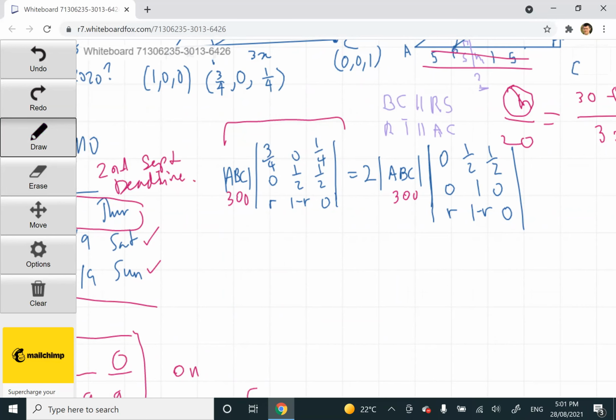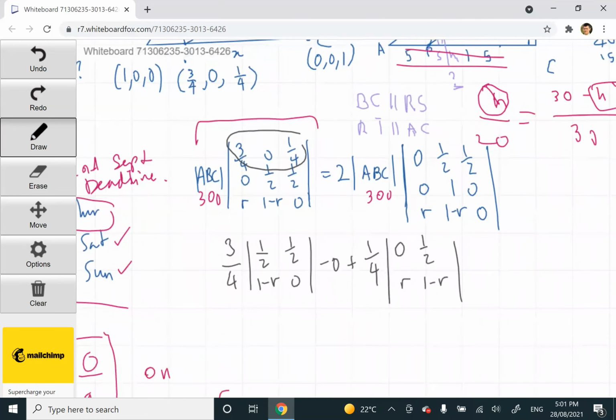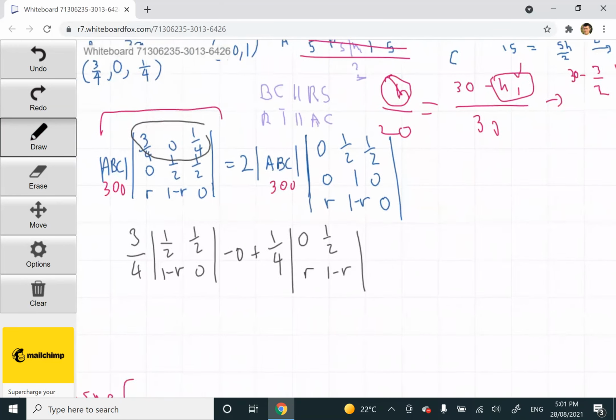Okay, so how do we do this? Well, we could take the top row, for example. So get 3/4 times the determinant of half, half, 1 minus R, 0, minus 0, plus 1/4 times the determinant of 0, half, R, 1 minus R. And let's cancel out the 300s for now.